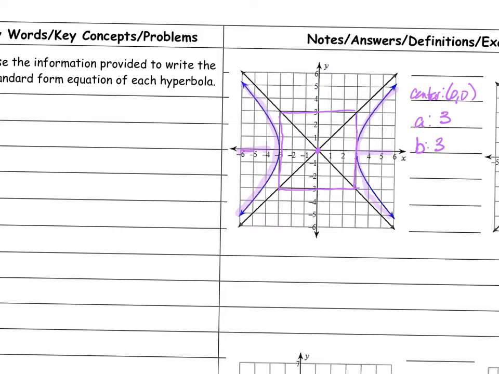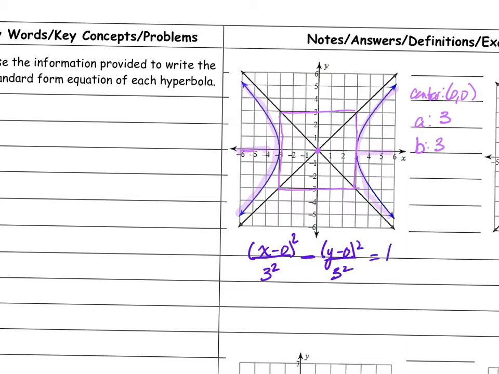So, X comes first. That's how I tell that my X is going to be first. So I know I have x minus 0 squared over a squared, which is 3 squared, minus y minus 0 squared all over 3 squared equals 1.